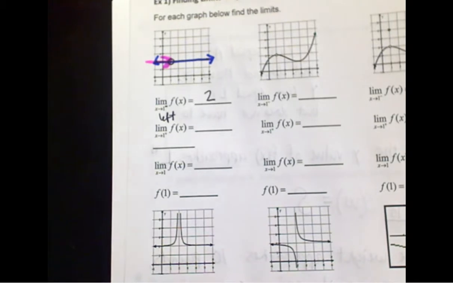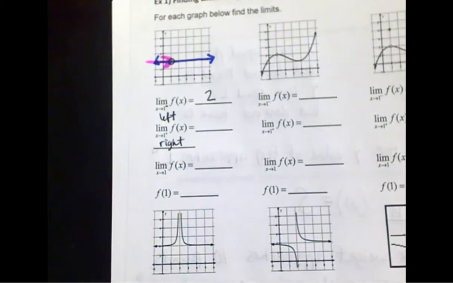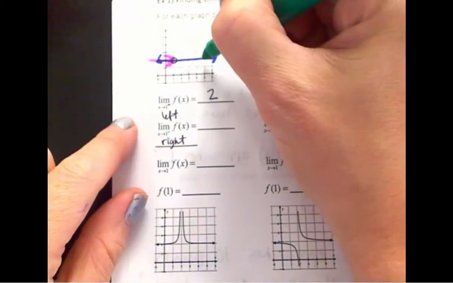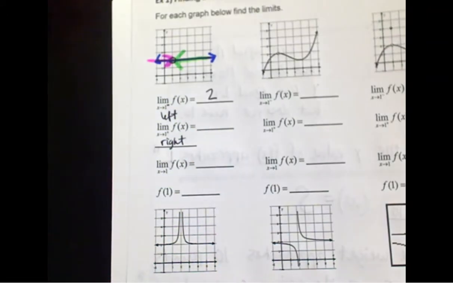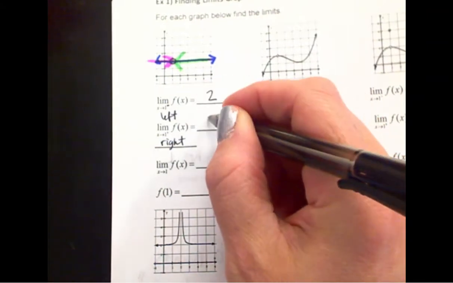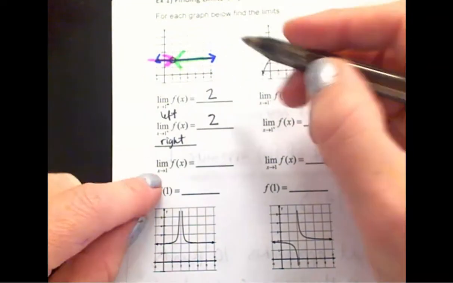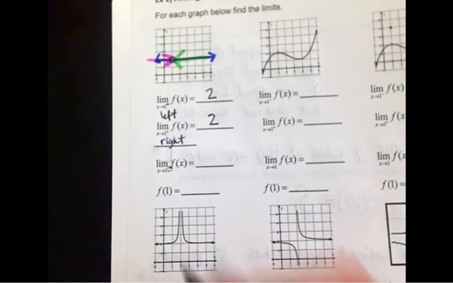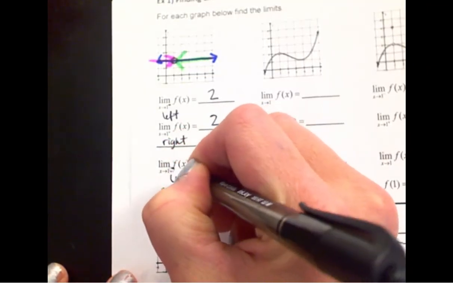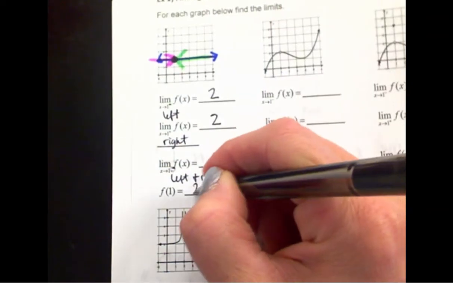And this one means from the right side, as you draw an arrow towards the x value of 1, what is the y value that you're pointing at? 2. Now, if these things are pointing in the same direction, when you don't see a superscript here, that implies left and right. And in this particular graph, that's actually a point on the graph.